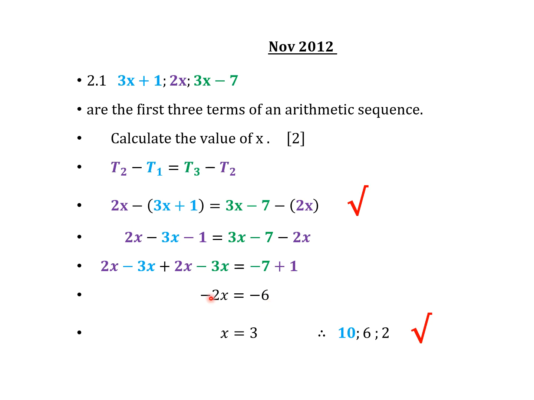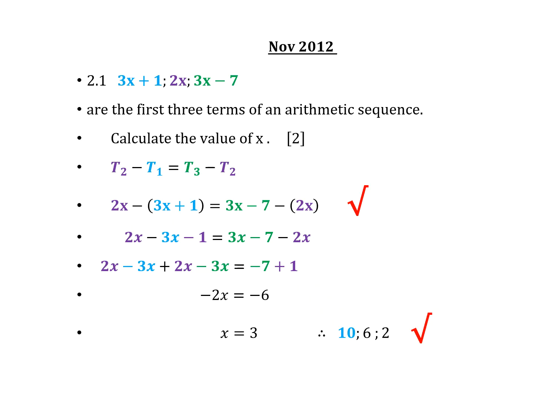Negative 6 divided by negative 2 gives x equal to 3. So we write down the 3 terms. 3 times 3 is 9, plus 1 is 10. 2 times 3 is 6. And 3 times 3 is 9, minus 7 gives me 2. So my sequence is 10, 6 and 2. One mark for correct substitution and 1 mark for x equal to 3. The sequence I must just write in case they want me to solve something further.